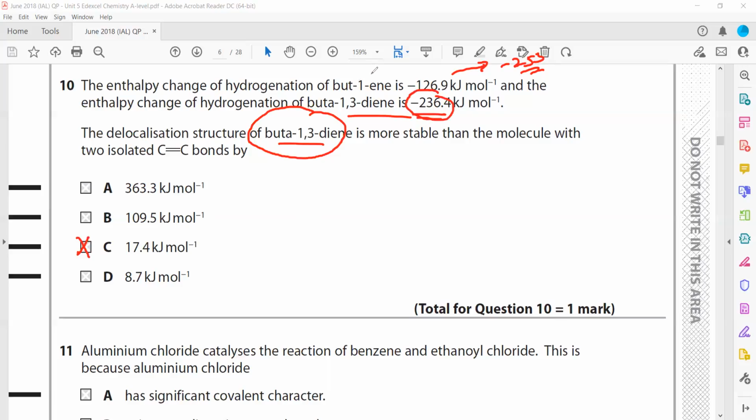But if independently we add one hydrogen, this is the energy released, and we have to add two hydrogens, so the total energy release will be twice. When we compare the difference in energy, less energy release means more stable, and more energy release means less stable. The difference in the energy is 17.4. Is it clear?